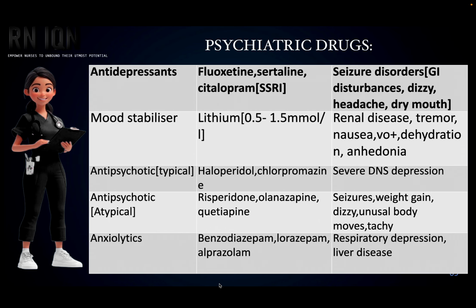And if you are using atypical antipsychotic drugs, they are risperidone, olanzapine and quetiapine. Weight gain is clearly evident for this kind of antipsychotic drugs. Along with that the patient may have dizziness, unusual body movements, possibly extrapyramidal symptoms, along with tachycardia.